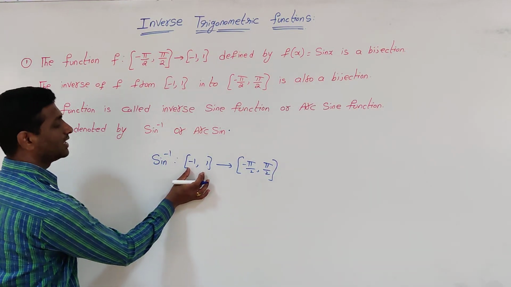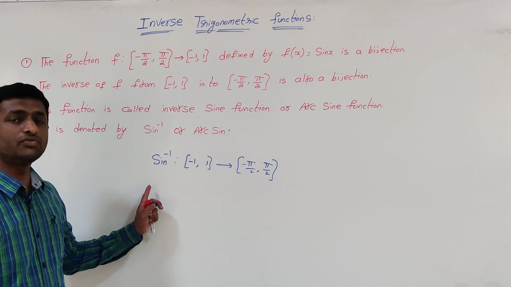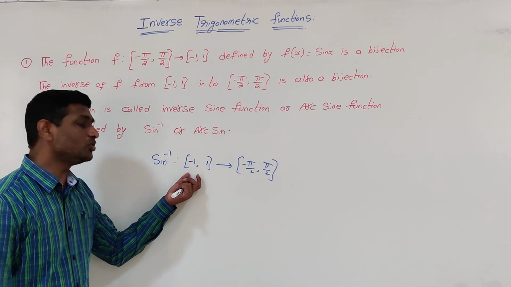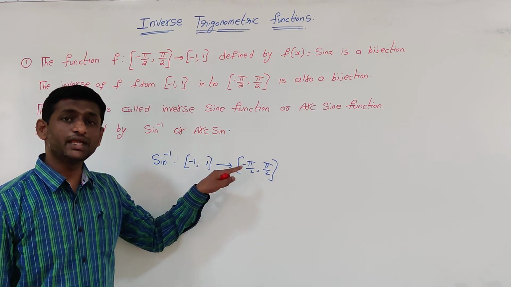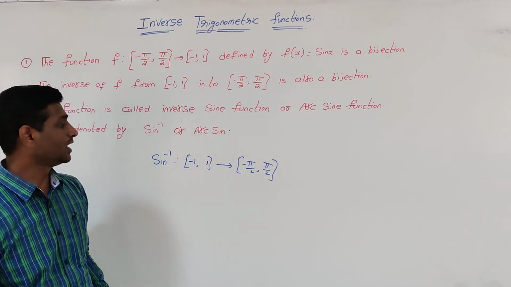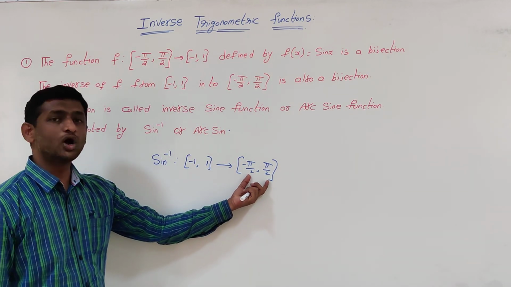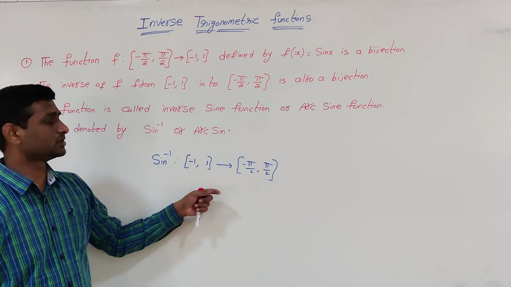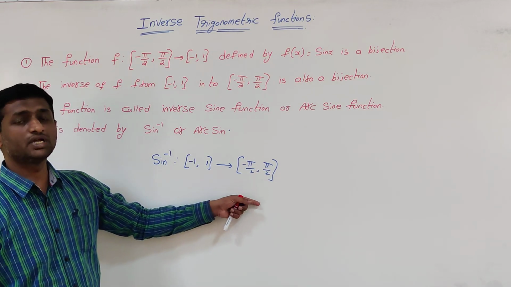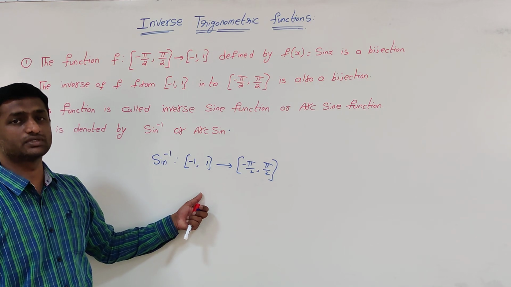This will act as the range for sine inverse, but the same interval acts as the domain for the sine function, and these will be the outputs for sine inverse of x. Whatever angles exist, those are the outputs for sine inverse of x.